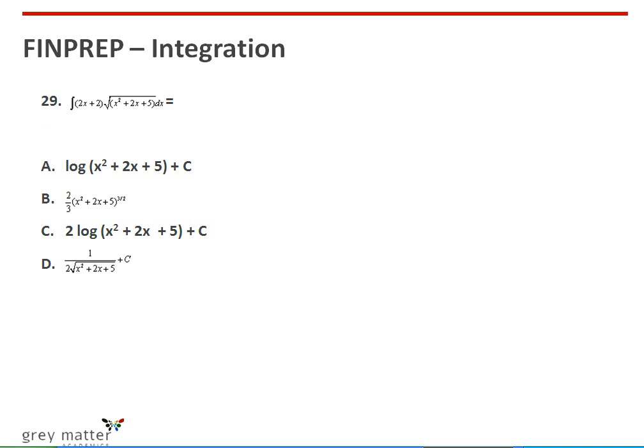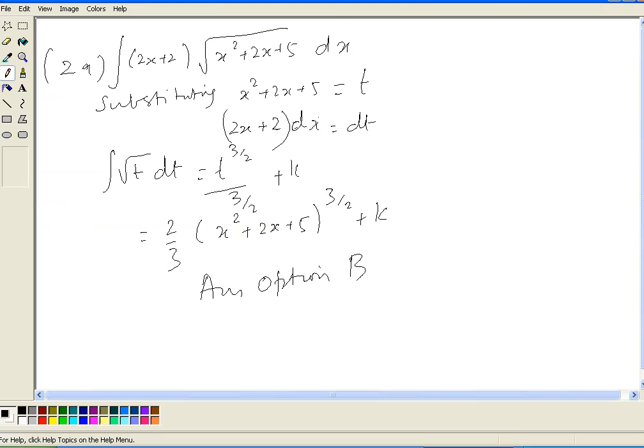29th problem, integral 2x plus 2 root of x squared plus 2x plus 5 dx. Going back to our worksheet, substituting x squared plus 2x plus 5 equal to t, we have, differentiating on both sides, 2x plus 2 dx will be equal to dt. So the original integral will become root t dt, which is equal to t power 3 by 2 by 3 by 2 plus k.